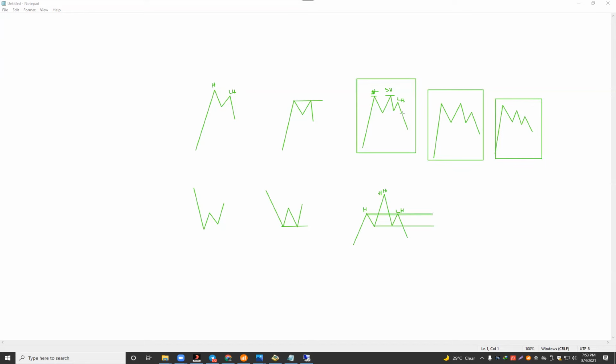Mostly you will find in Boom and Crash double top, triple top, head and shoulder, right? Correct. And for the downtrend, when the price changes in an up direction, it can be two similar lows, and then in this triple bottom, there are two patterns. One is a triple bottom, right?